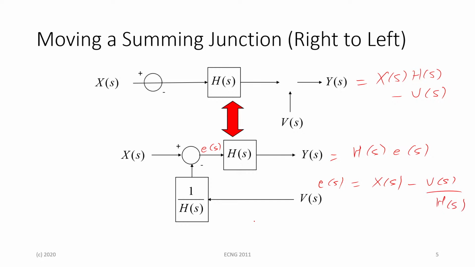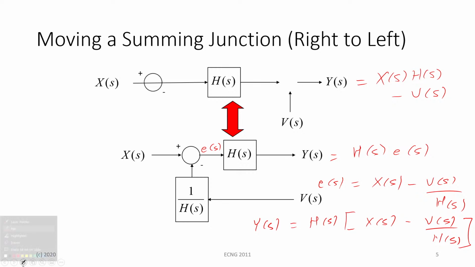And then if we substitute this into our y of s equation, this is going to be h of s into x of s minus v of s over h of s.